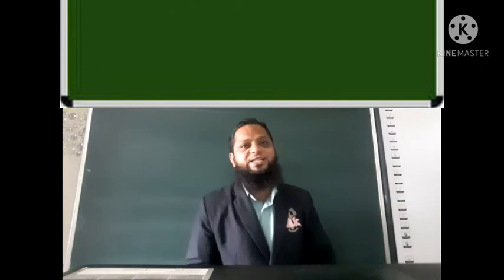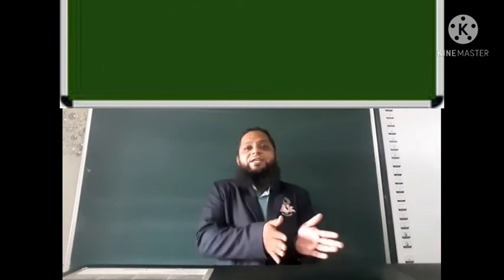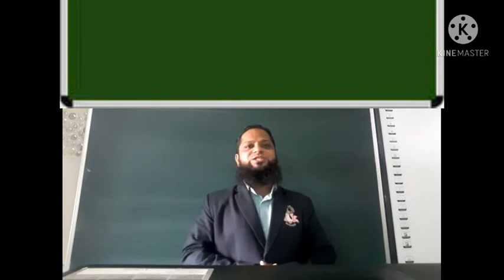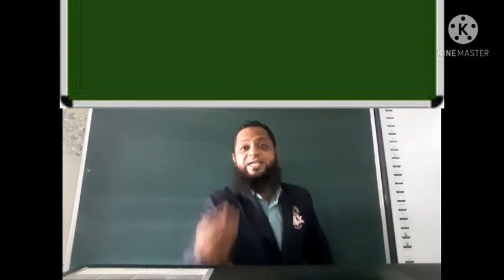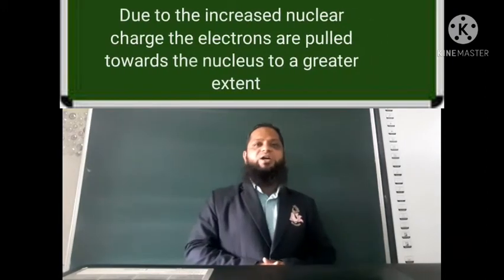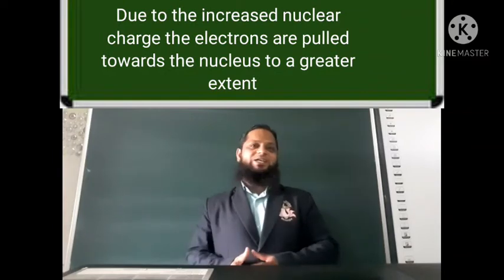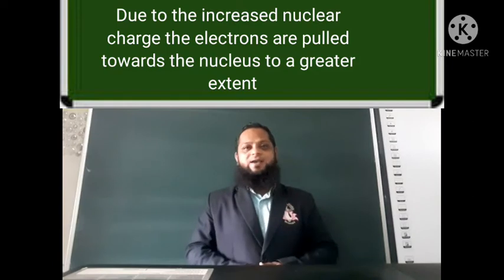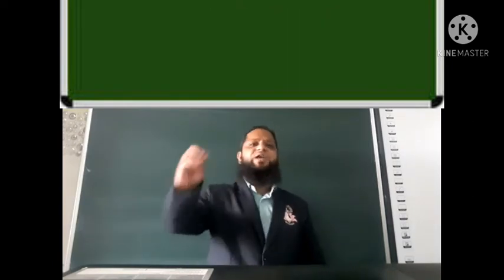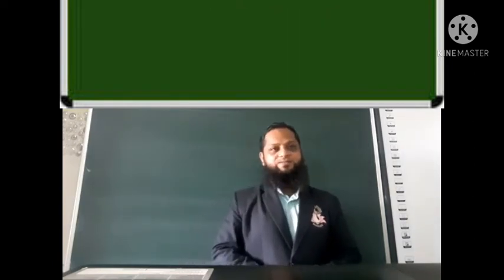The additional electron gets added to the same outermost shell. Due to the increased nuclear charge, the electrons are pulled towards the nucleus to a greater extent, and thereby the size of the atom decreases.